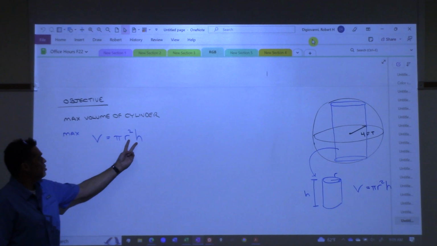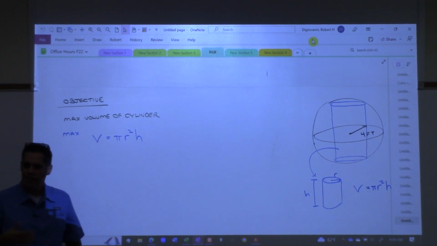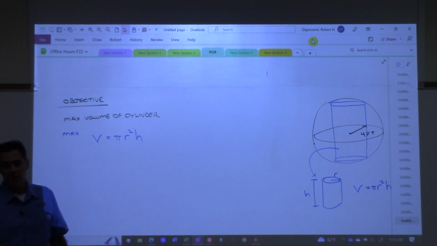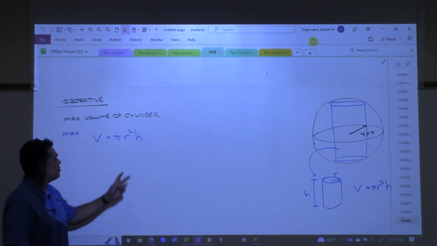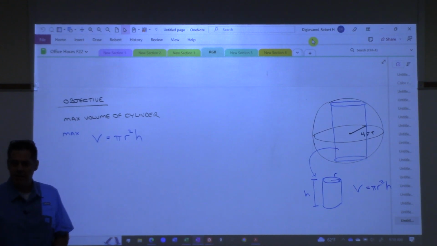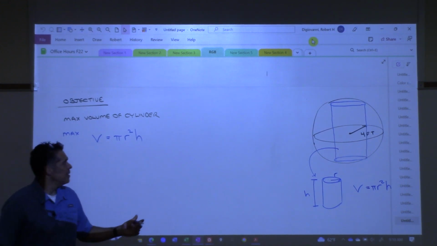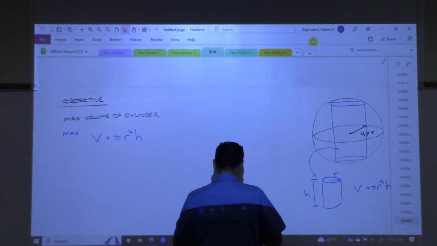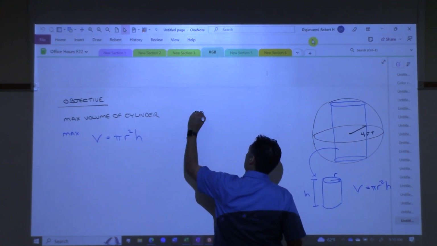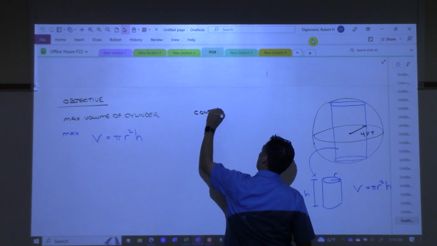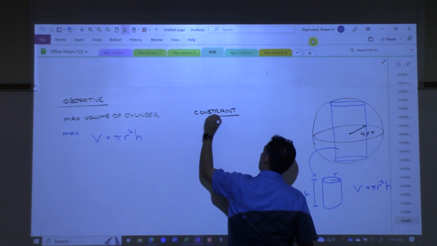So these are two variables, and in order to do any calculus that we've learned, we need to have one variable, not two. So now comes into play what part? The constraint, right? There's something that is constraining what my r and my h can be. They can't just be anything, right? So my constraint, can y'all think of any constraint I have?